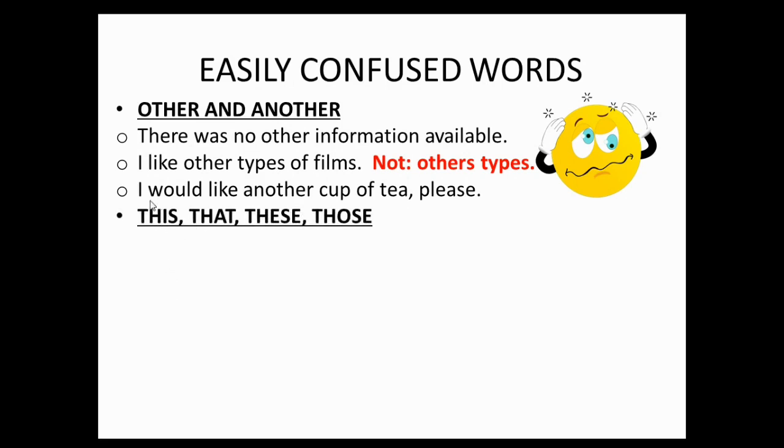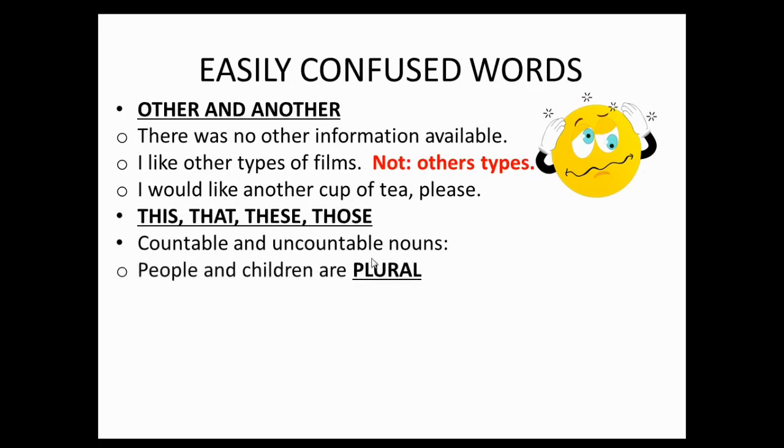This and that are also singular. These and those are plural, so you have to use the verb correctly. Countable and uncountable nouns. People are, children are. These two words are plural. People is the plural of person, and children is the plural of child.